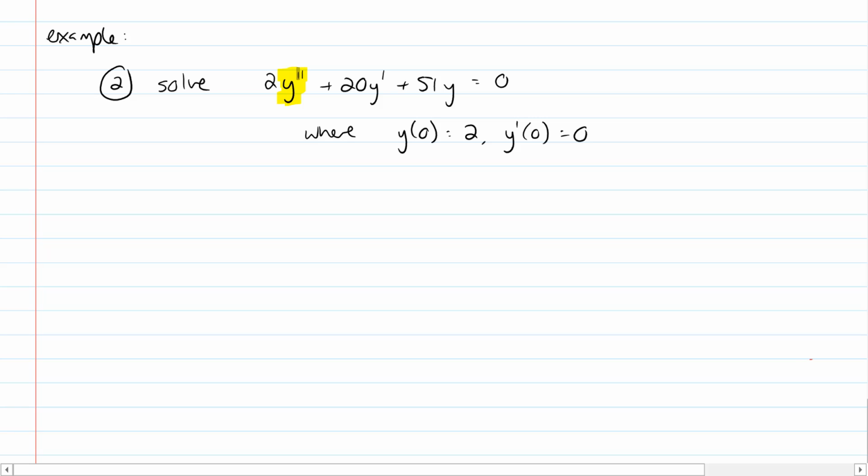So we're going to be taking the Laplace transform of y'', the Laplace transform of y', and the Laplace transform of y.